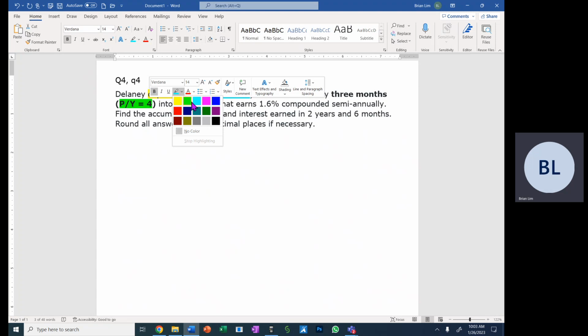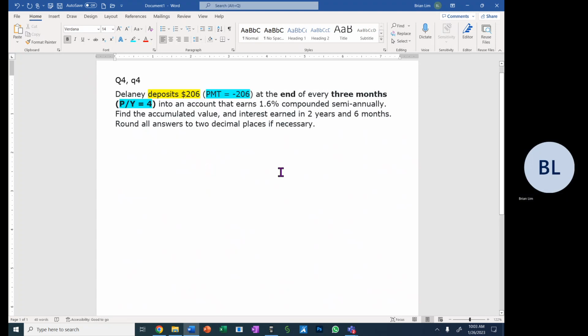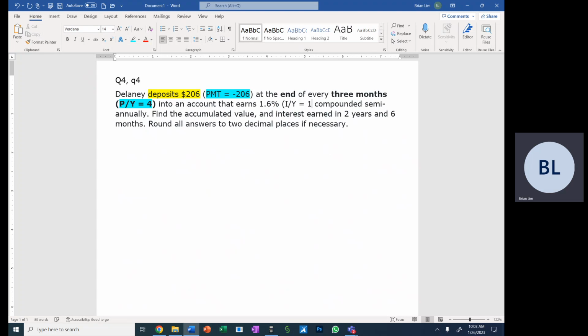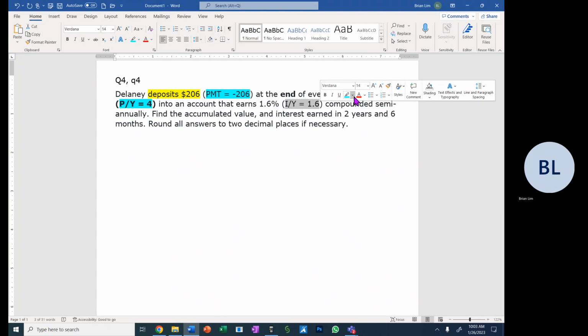And that is another useful value that we need. All right, it's earning 1.6%. So that 1.6 is the interest rate. So we can put that in as IY, which is correct. That would be the IY value. All right, and then following that, we have the compounding.